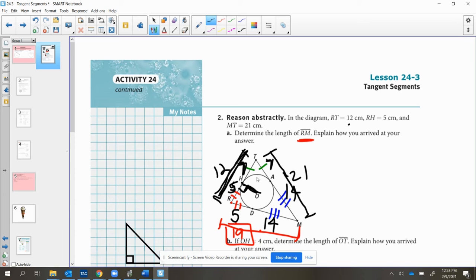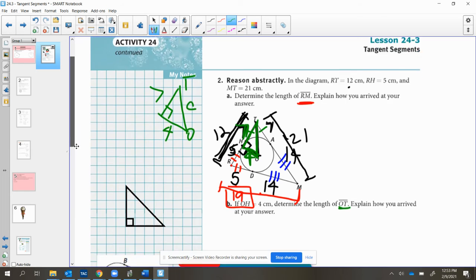If we want to find the length of O to T in part B, and they're telling us O to H is 4, well, we know this is 7. This right triangle inside here, I'm going to redraw over here to the left. We have 7, we have 4, and now O to T is our hypotenuse, so we could use the Pythagorean theorem to solve. So don't forget about the old tangent theorems that we talked about in 24.1.